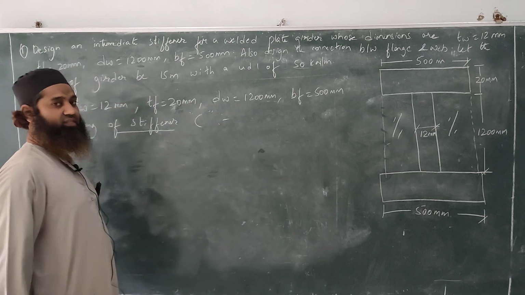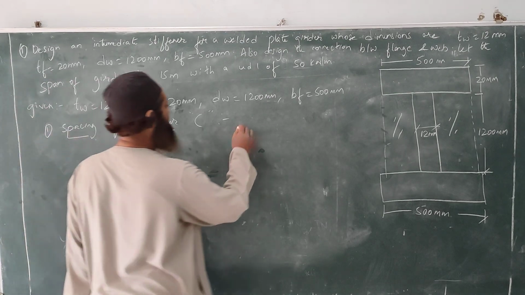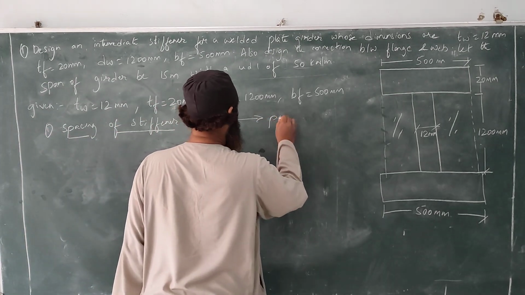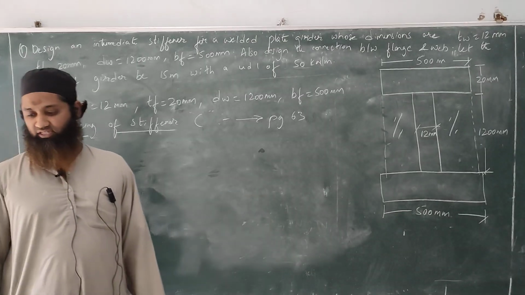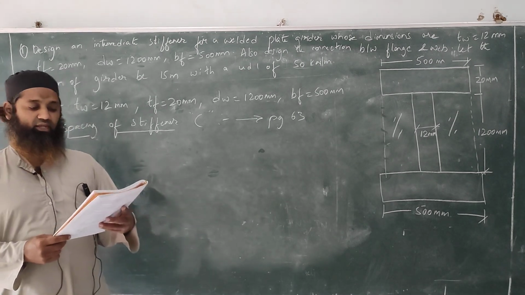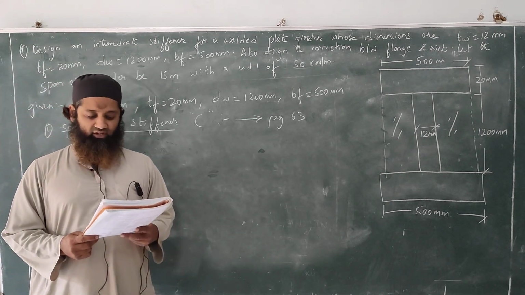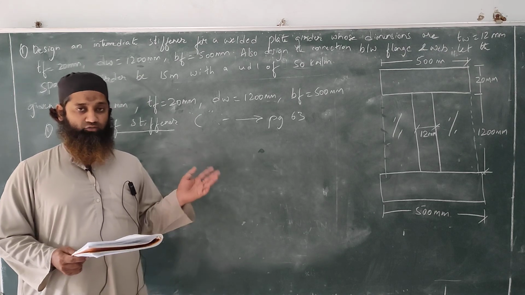In IS 800 2007, on page 63, he has given us a clause. What should be the spacing of the stiffener? I'll read it to you all. I request you all to please keep your code books while going through this problem.